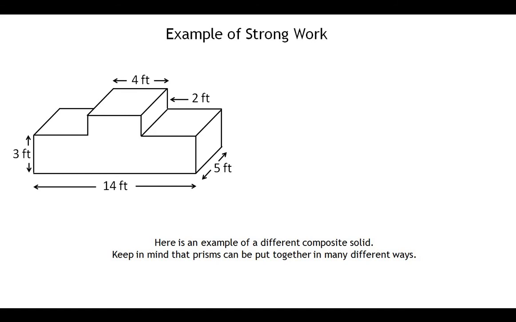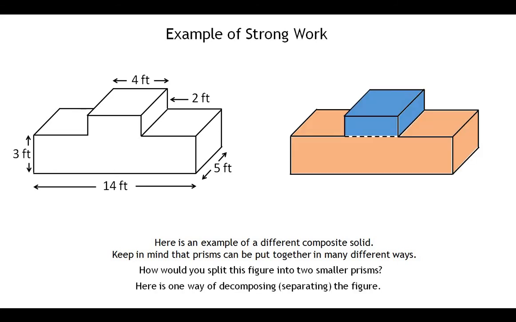Here is an example of a different composite solid. Keep in mind that prisms can be put together in many different ways. How would you split this figure into two smaller prisms? Here is one way of decomposing or separating the figure.